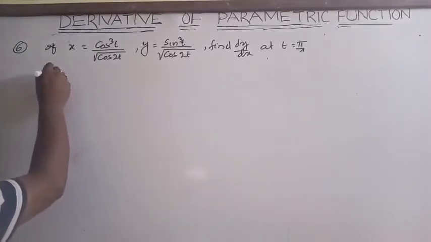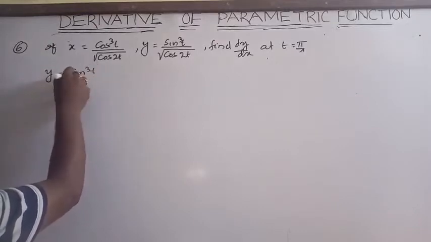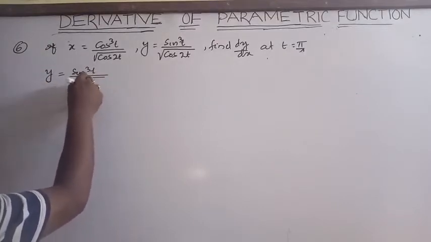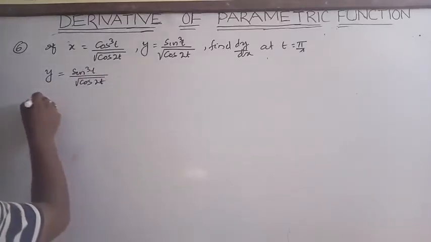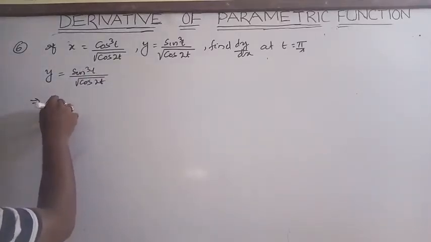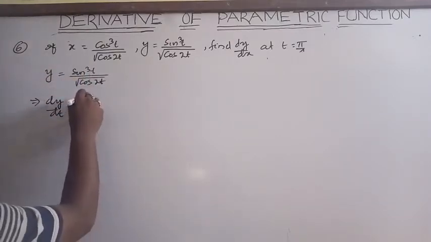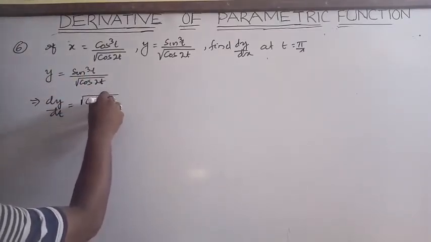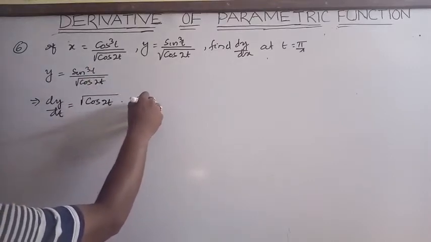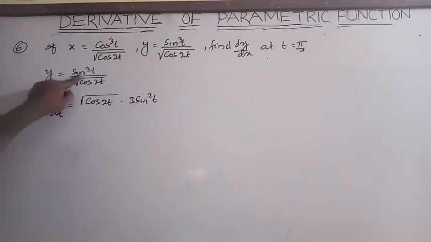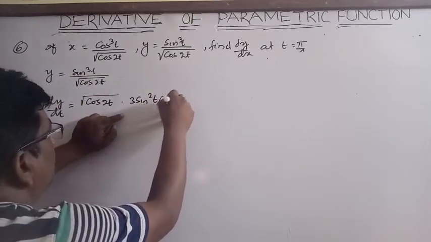Here y is equal to what? y is equal to sin³t divided by root over cos 2t. So for dy/dt use the derivative of u by v. Root over cos 2t into the derivative of sin³t, which means 3sin²t by the chain rule, into the derivative of sin t, which is cos t.